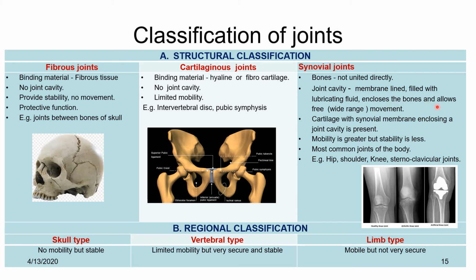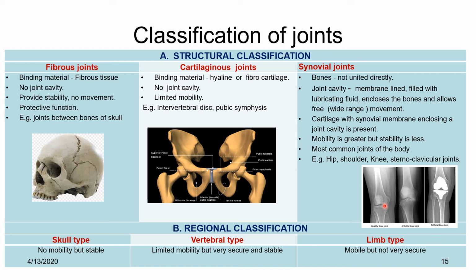It encloses the bones and allows a free or wide range of movement. Cartilage with synovial membrane enclosing a joint cavity will be present. Mobility is greater but stability is less. And synovial joints are the most common joints of the body.